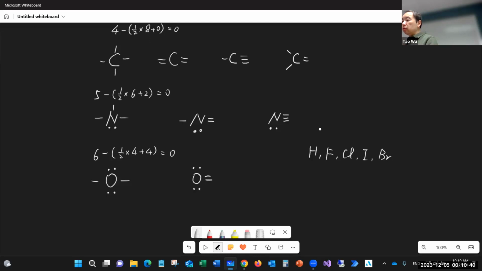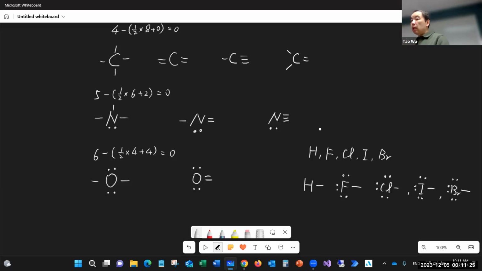Because all of those only need a single bond, that's it. Hydrogen only needs 1 single bond. Fluorine also needs a single bond. Chlorine also just needs a single bond. And iodine needs a single bond. And bromine, you see, 7A group, they only need one electron, so they only need 1 single bond. A double bond for those is impossible. Generally, it's definitely not stable.